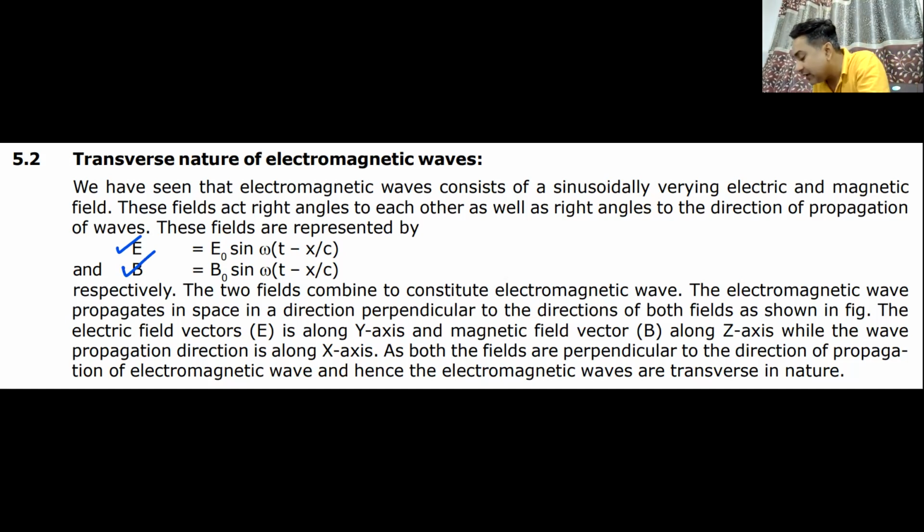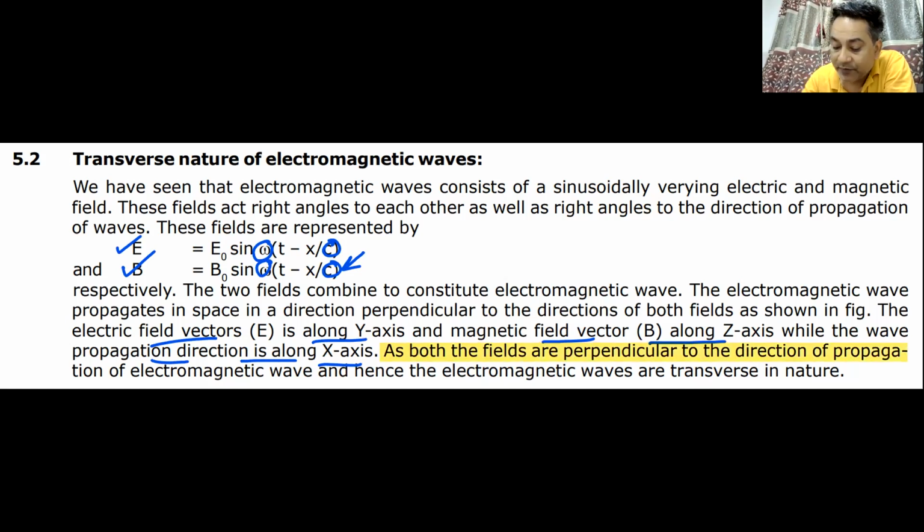Similarly, we have a formula for B: B is equal to B naught sine of omega t minus x by c. Remember, both angular frequencies are the same, and the speed of the wave is also the same. Do we understand this? If the electric field is along the y-axis, the magnetic field will be along the z-axis, and the wave will be moving in the x direction.